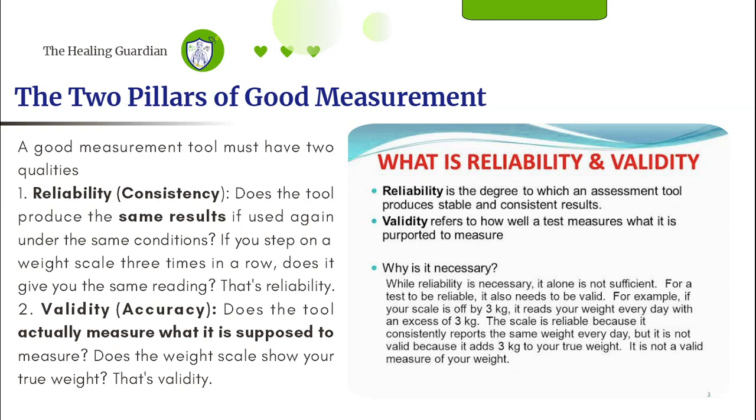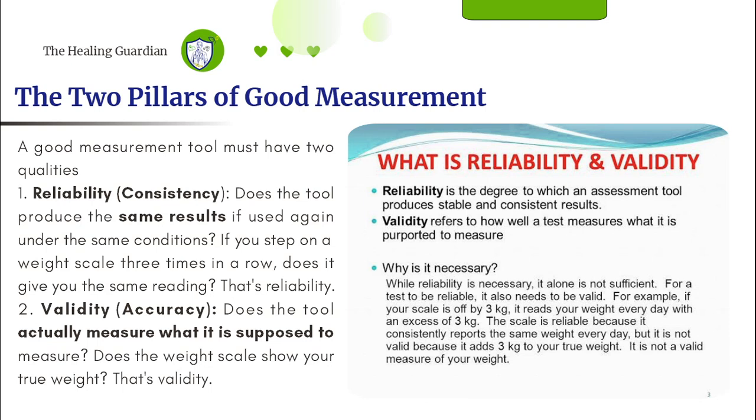But in any research study you are doing, there are two pillars of good measurement. Whatever tool you are going to use, whether it is for an experiment measuring blood pressure, or a questionnaire for qualitative work, it has to be reliable and valid.